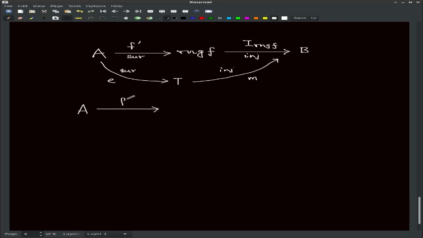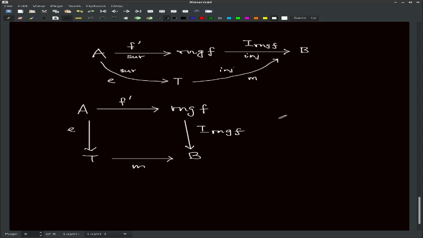This you have drawn like this. But you can also draw this like this. This is your M and this is your E.